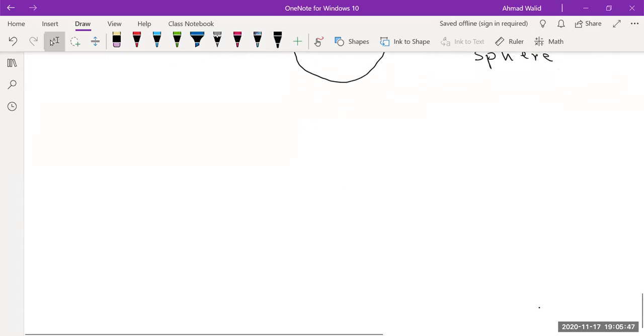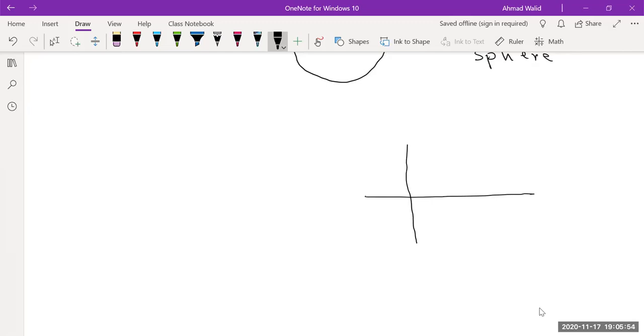We should know which shape I should rotate about the x-axis to give me a sphere. At least you know this much. If I rotate half a circle like this about the x-axis, definitely it will give me a sphere, correct?